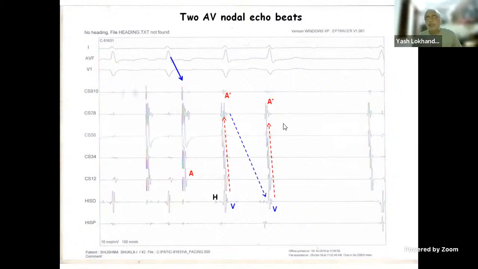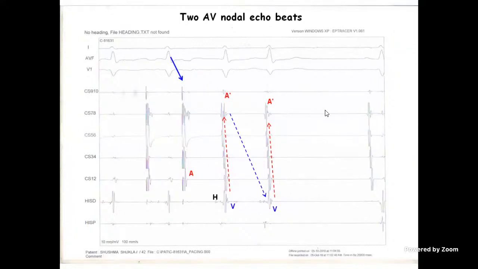This is like an aborted AV nodal reentrant tachycardia. If this were to go on and on, it would be AV nodal reentrant tachycardia. Have you understood that? Yes, sir. Okay.